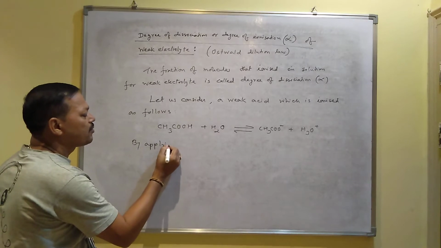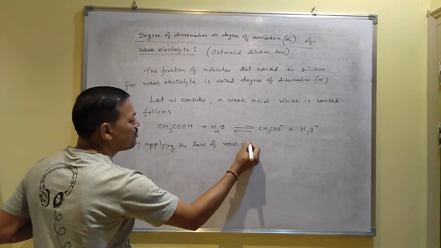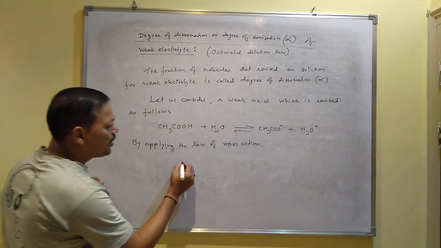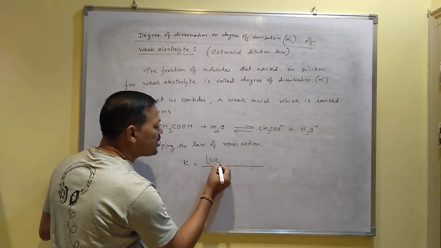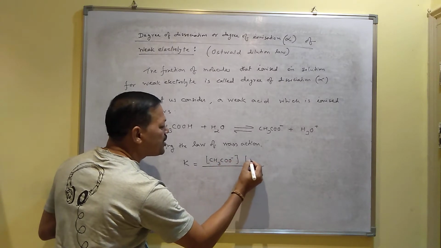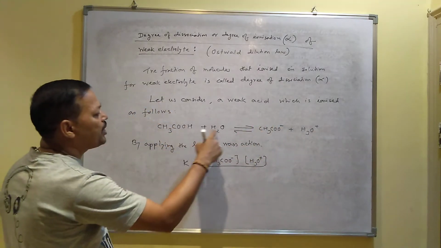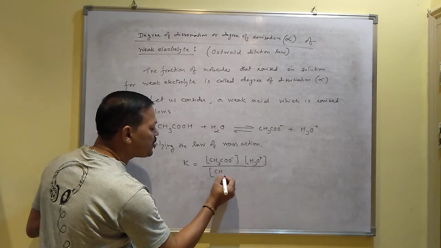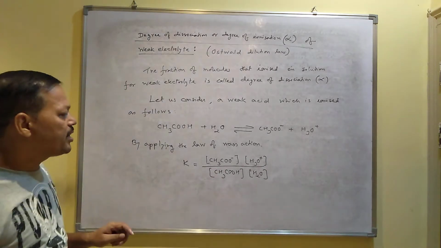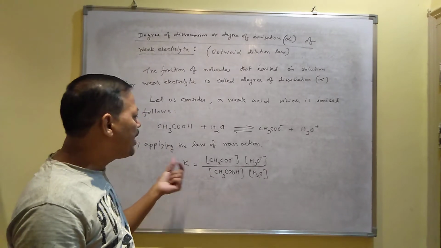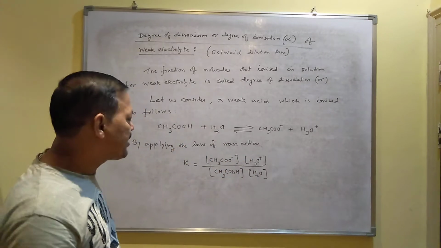By applying the law of mass action, K is equal to the multiplication of the concentration of products, the concentration of the acetate ion into the concentration of the hydronium ion, divided by the multiplication of the concentration of reactants, the concentration of acetic acid into the concentration of water. This is called law of mass action. You can find out the dissociation constant K.